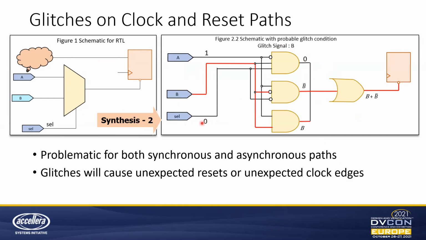Here, if the value of sel is 0 and A is at value 1, it may happen that B will introduce a glitch on the reset path. So the expression that it reduces to is B plus not of B. Again, a static 1 glitch on the reset path, which can give unexpected triggers of the resets. So from this slide, we conclude that after synthesis, the logic that was safe at the RTL may introduce glitch issues in the gate level design.